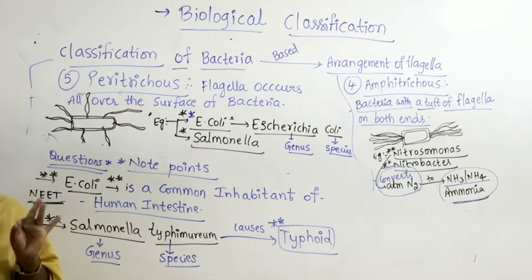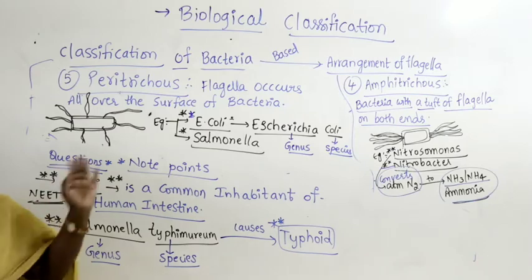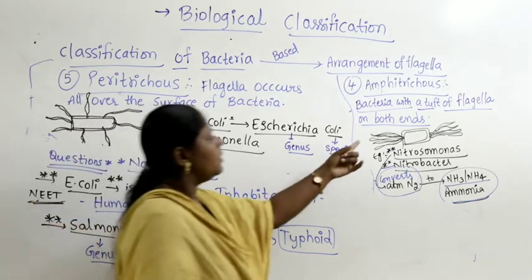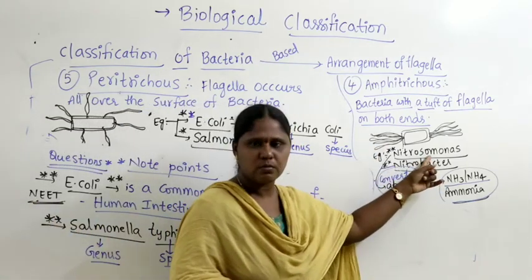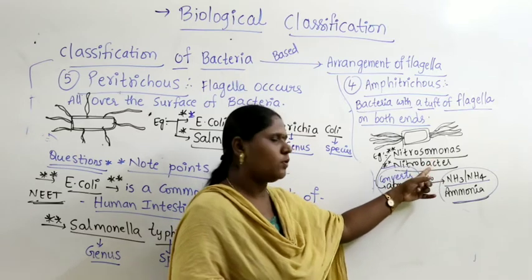Lophotrichous, a single tuft of flagella present at one end. Example, Spirillum. Then amphitrichous means a tuft of flagella present on either side of the bacterium.